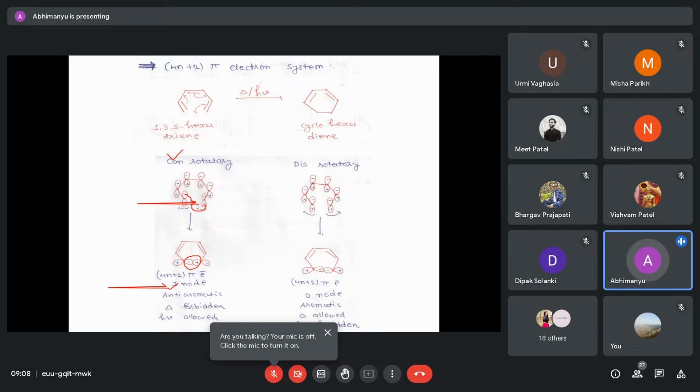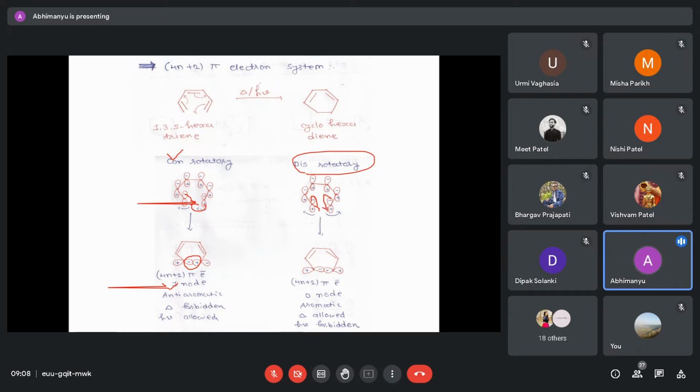And for the disrotatory system, minus minus, bond formation is possible. Yes, node zero. 4n plus 2 electrons, zero node, aromatic, and aromatic means thermally allowed.